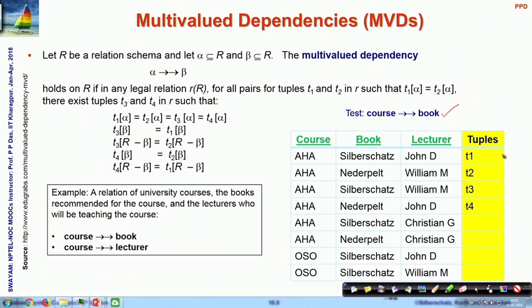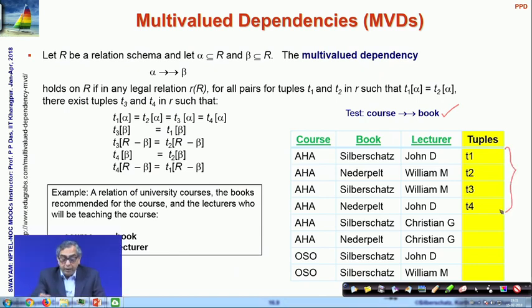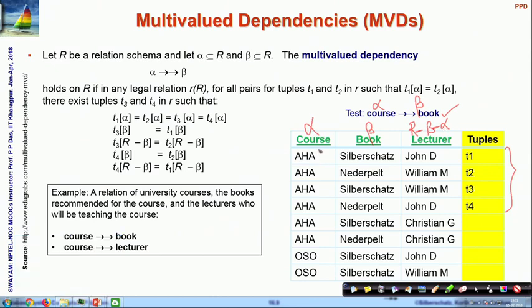So, these are the four tuples I have marked T1, T2, T3, T4. Looking at the first condition, this is your alpha, this is beta, and this is R minus beta minus alpha. So, the first condition is that all these tuples will have to match on alpha, and yes they do, all four of them have AHA here.